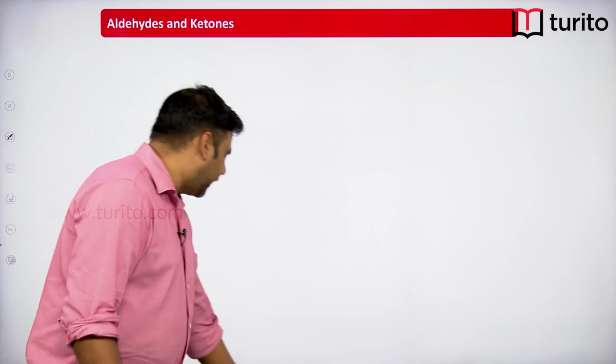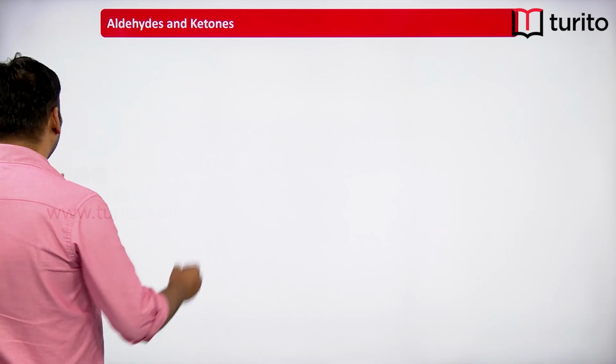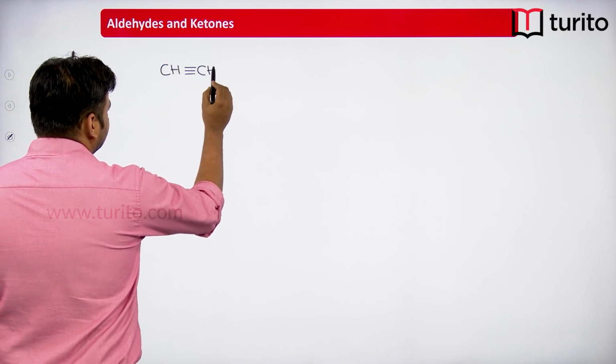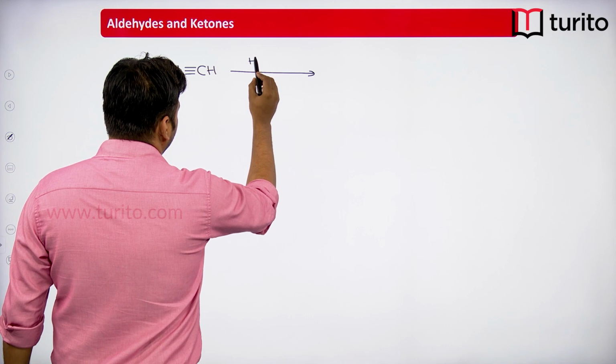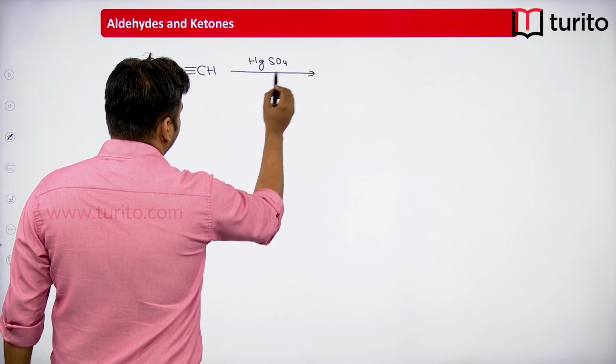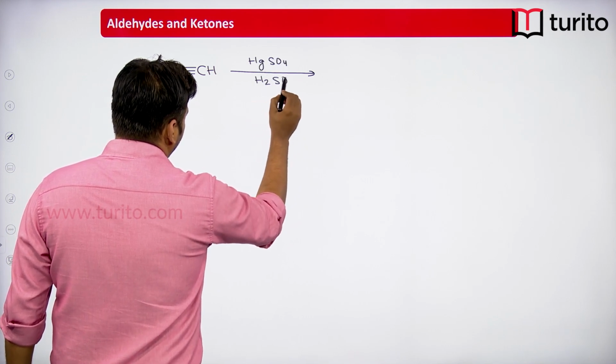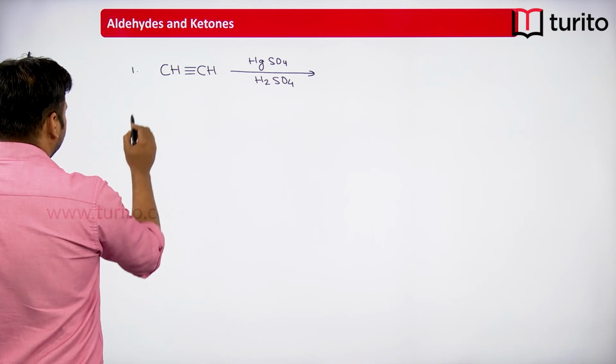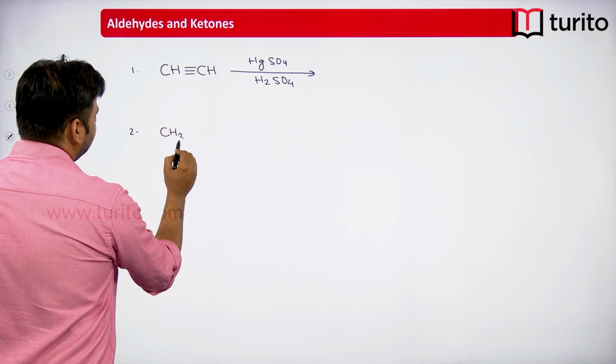So let us take some reactions. Let us take some examples on this. So suppose we are having these molecules. So we are having ethyne and we are carrying out a hydration. Suppose we are having propyne.